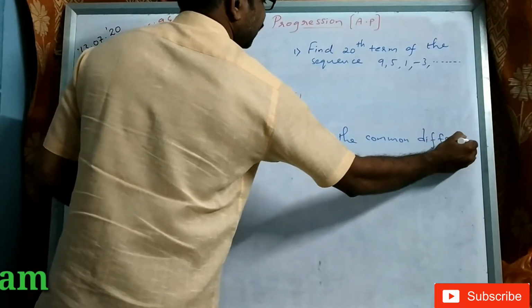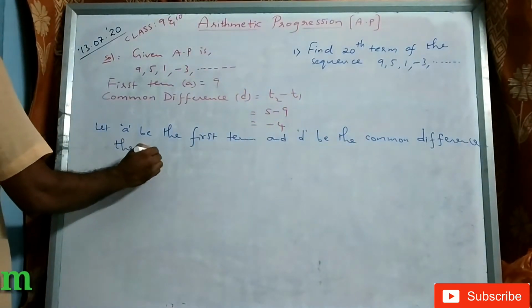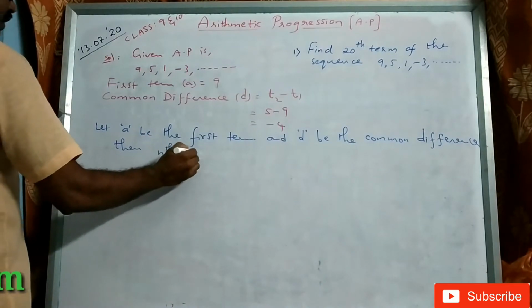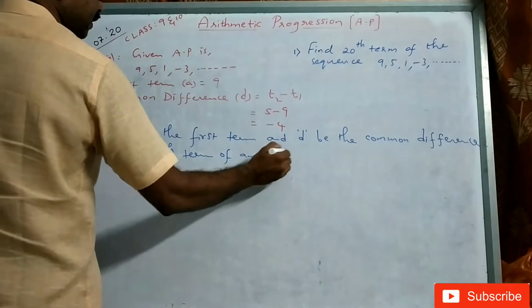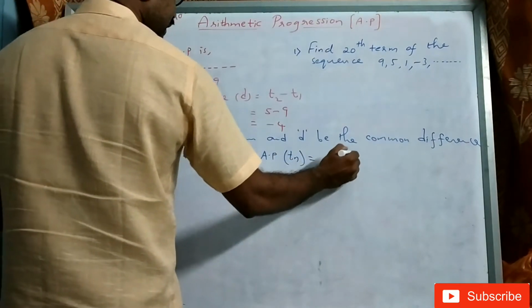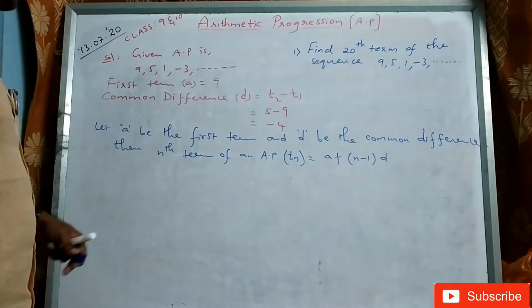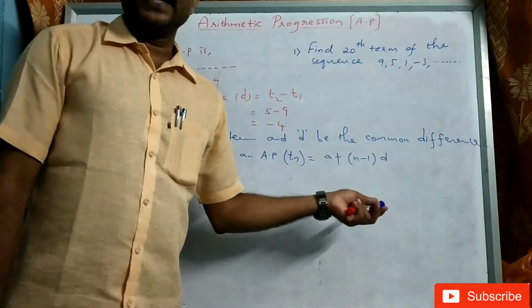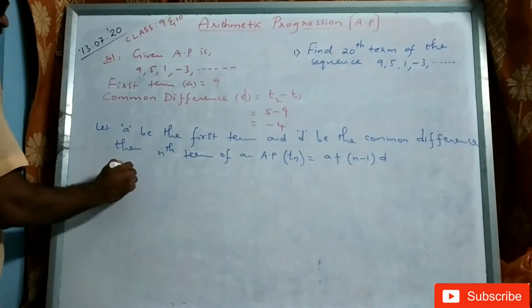Then the nth term of an AP, Tn, is equal to, what is the formula? a plus (n minus 1) into d. I just told you the formula to find the nth term of an AP: a plus (n minus 1) into d.